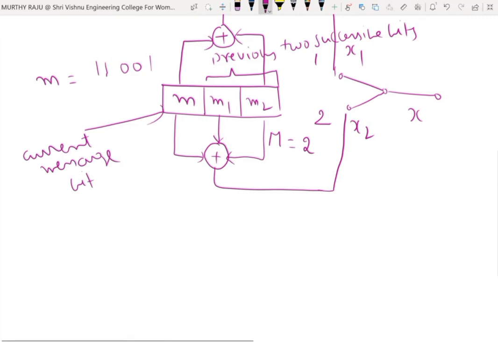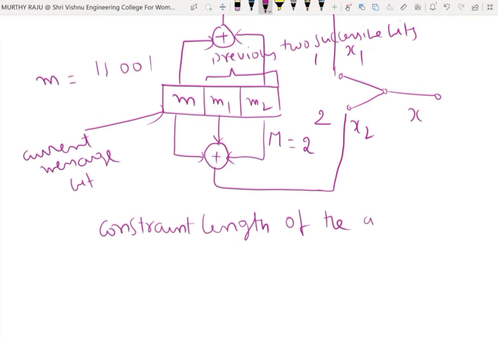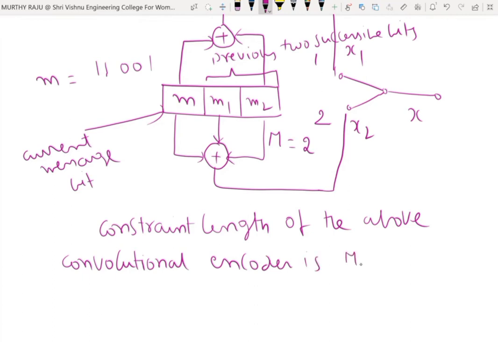The constraint length of the above convolutional encoder is M plus 1, that means 2 plus 1, which is equal to 3.